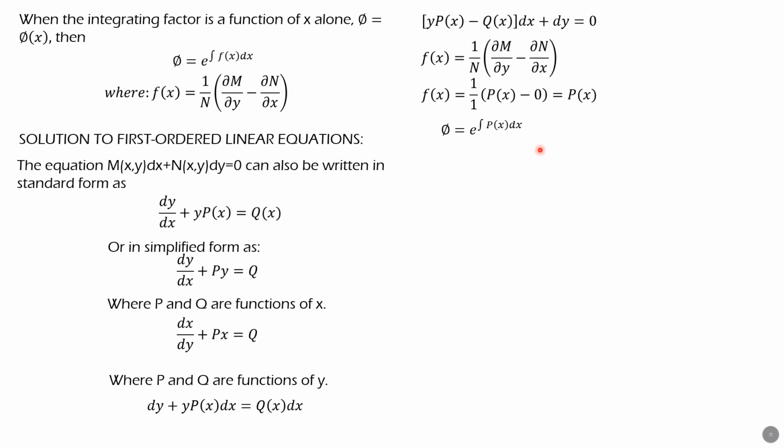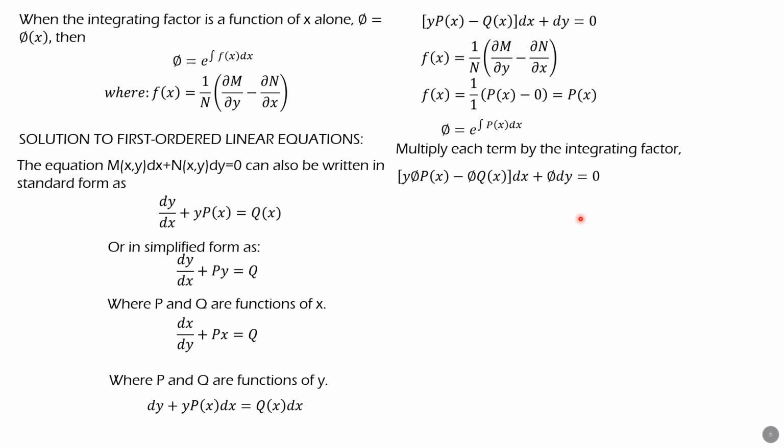So multiply each term by this integrating factor P, then we'll have y P of x minus P times Q of x dx plus P dy equals 0.